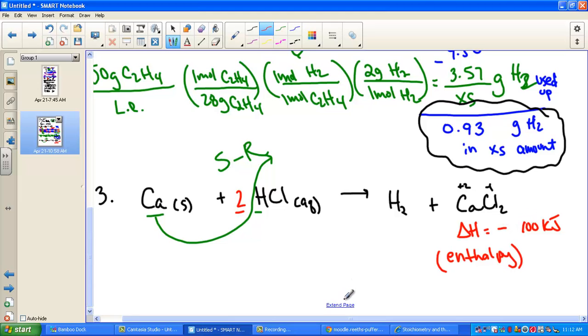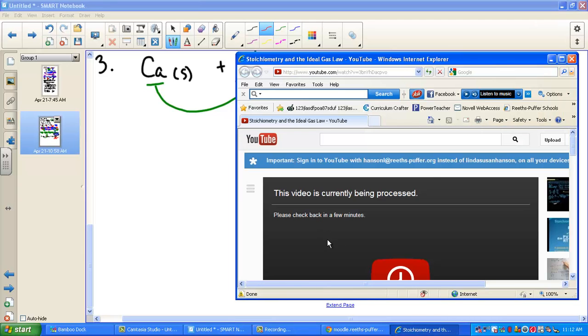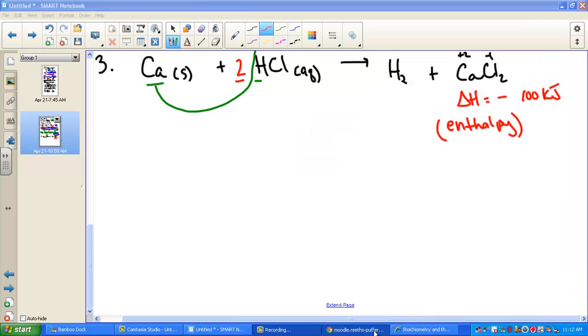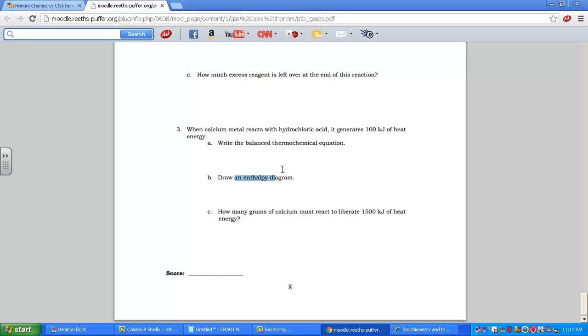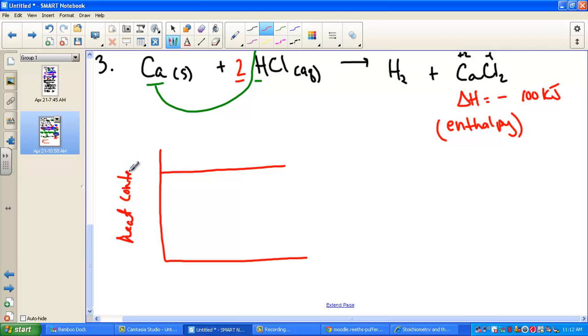It's releasing heat. To turn that into an enthalpy diagram, which is what, oops, that's our YouTube video. Here's our enthalpy diagram. This is where we learn to simply separate the reactants and products on an XY graph. So I typically label heat content, separating the reactants and products. This is typically in a kilojoule.